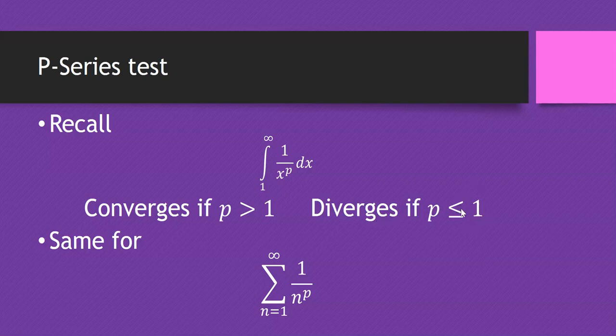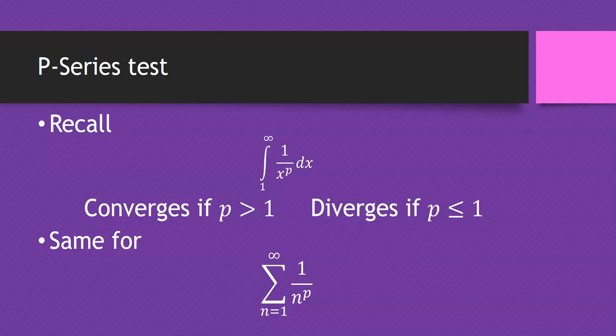Remember, when it was equal to 1, we integrate and we get natural log. So that 1 over x to the p has a cutoff value at p equals 1. Anytime p is bigger than 1, it's going to converge. Anytime p is less than 1, it's going to diverge.